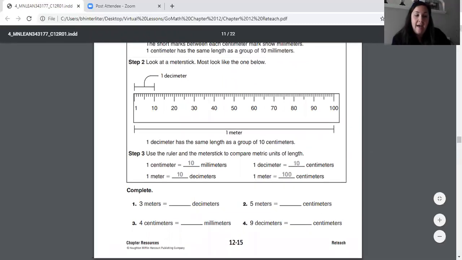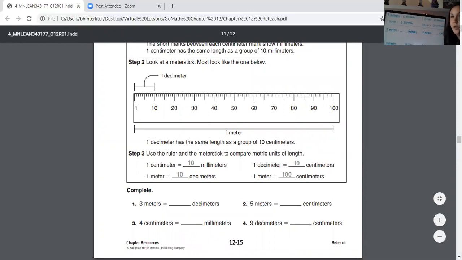So I have on my whiteboard written these 4 problems. So let me try to bring up my whiteboard and grab my marker for you. So up top, I have our key. 1 centimeter equals 10 millimeters. 1 meter equals 10 decimeters. 1 decimeter equals 10 centimeters.